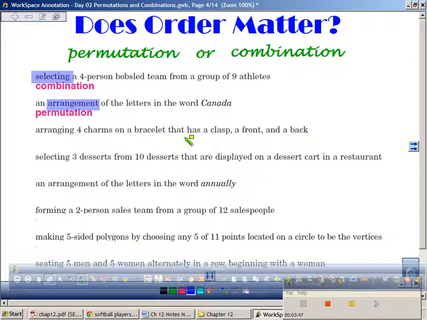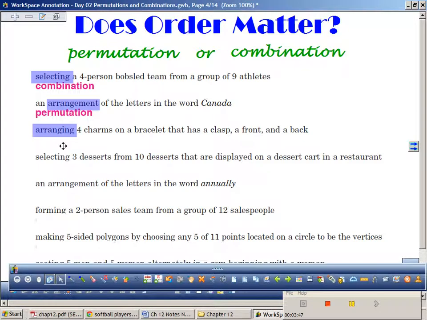Arranging 4 charms on a bracelet that has a clasp, a front, and a back. Again, that keyword arranging. That one's going to be a permutation. Selecting 3 desserts from 10 desserts that are displayed on a dessert cart in a restaurant. Hopefully you said combination.